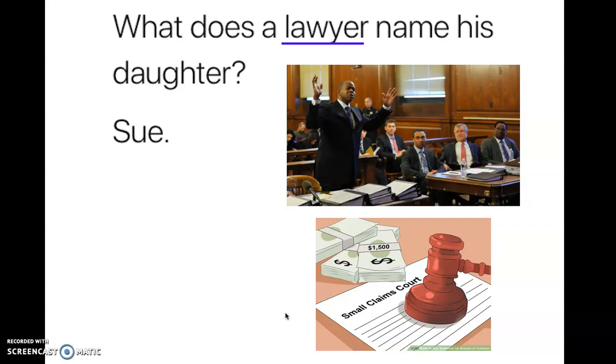Remember, for puns, we're looking at multiple meanings. The other meaning of sue, and if you notice, this word sue has a capital S. What does that mean? Well, remember we have common and proper nouns. A noun with a capital letter means it's the name of something. Look at the question. What does a lawyer name his daughter?